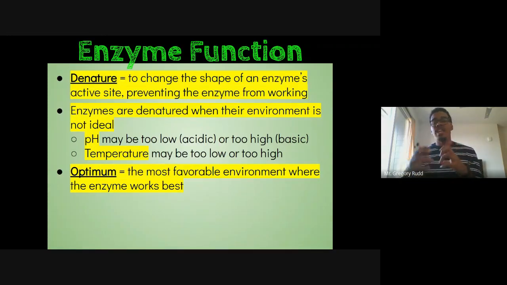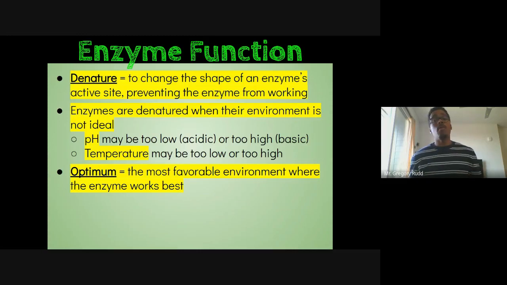So if I change that shape, my substrate might not fit in anymore, or my reaction conditions aren't really attuned to that substrate. So changing the shape of the enzyme's active site is called denaturing that enzyme, and it prevents the enzyme from working. Denaturation happens when the environment is not ideal.